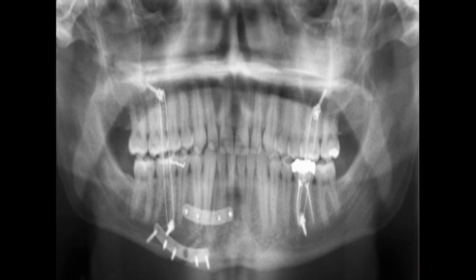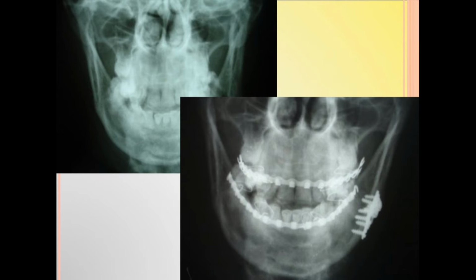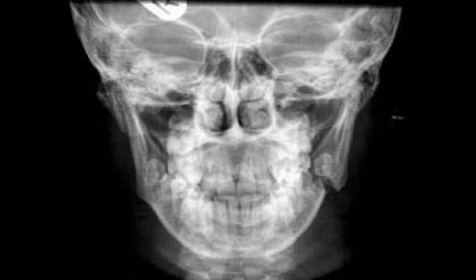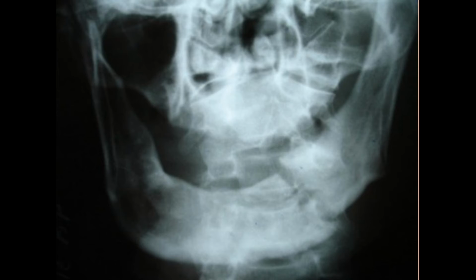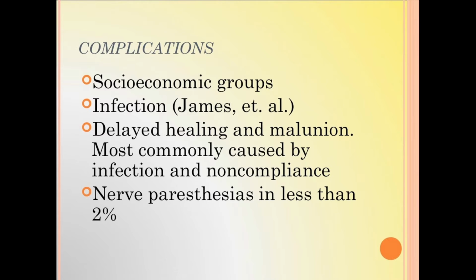Radiographic investigation helps in the control of correct treatment, the osteosynthesis of patients with fracture of the mandible and maxilla. Here are also some examples of radiographs. How about complications of the patient?